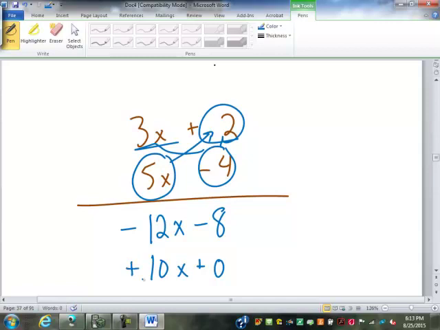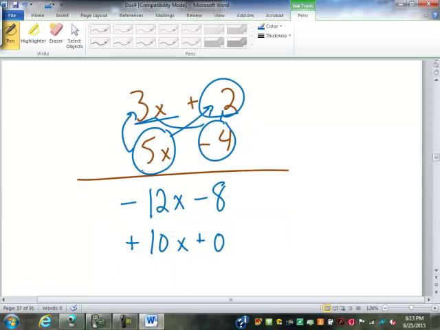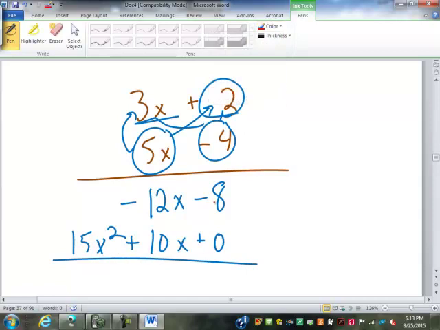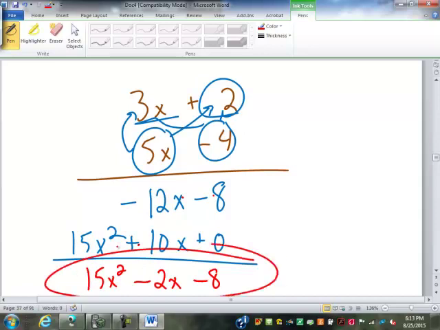Positive, so I'm going to put a plus there. 5x times 3x is 15x squared. And you can just combine the columns. Negative 8 and 0 is negative 8. Negative 12x and positive 10x is a negative 2x. And 15x squared. So you can see it's the exact same process as with our whole numbers.